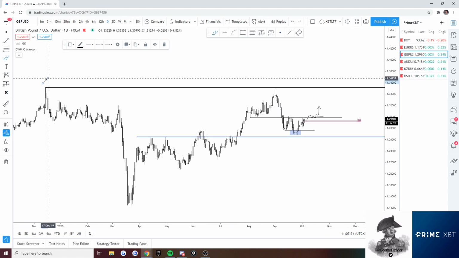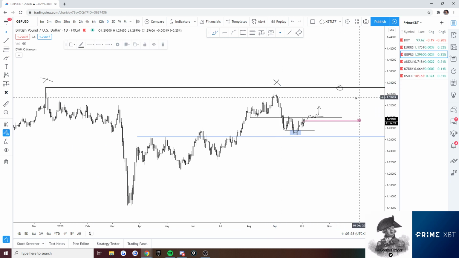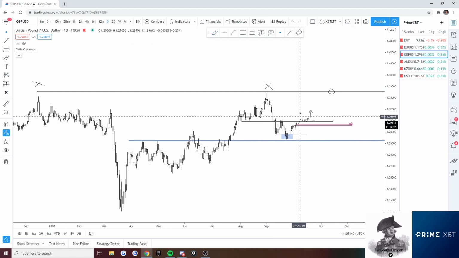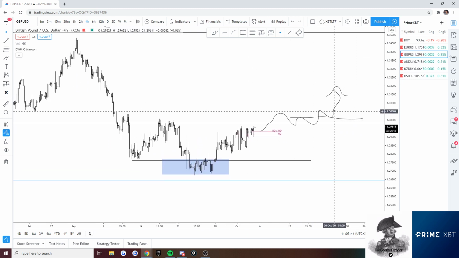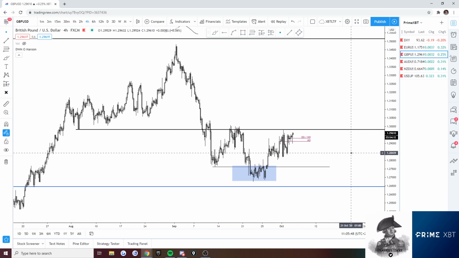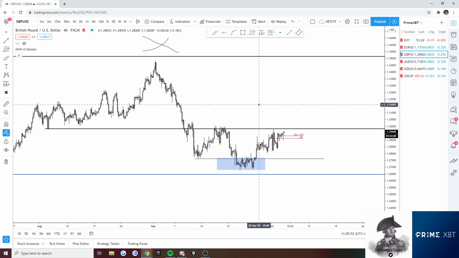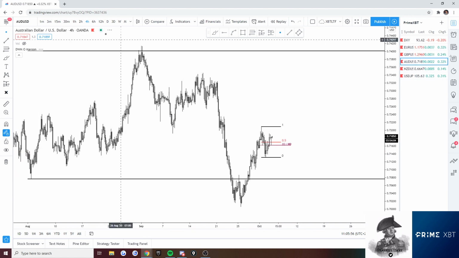Target clean highs right here, sort of equal highs. So a key level right here. If we break above here on the lower time frames, definitely be looking for longs into those equal highs. All right, so that's it for GBPUSD. Similar plan to EURUSD.